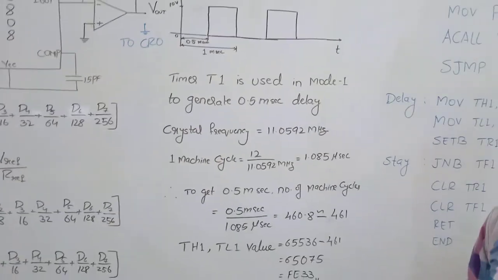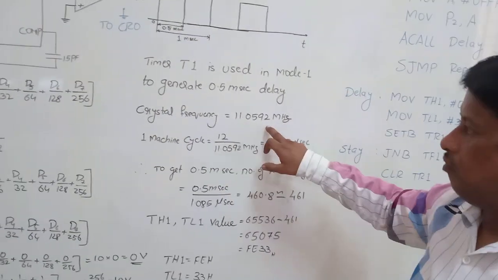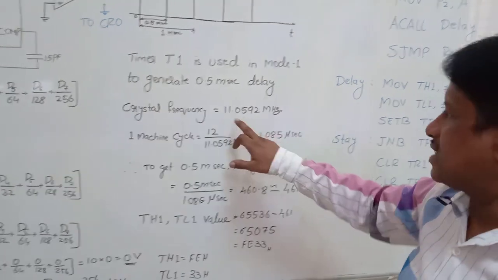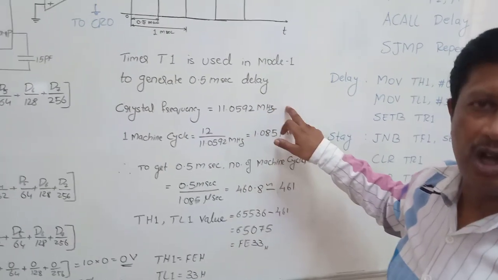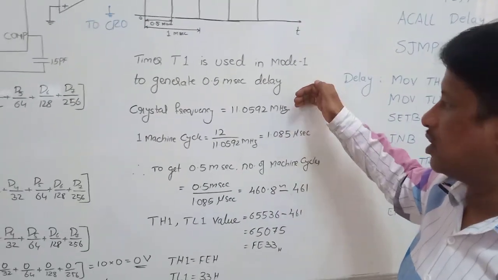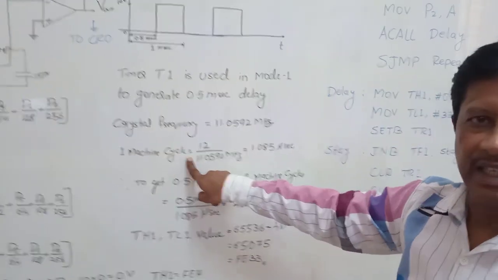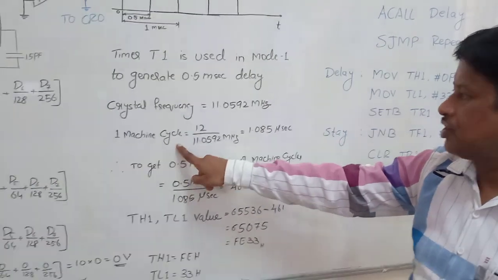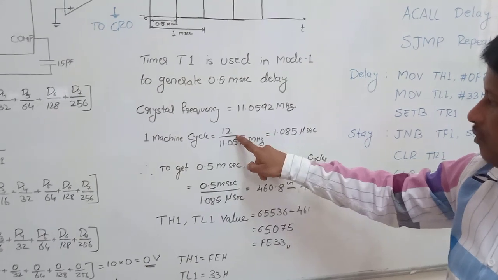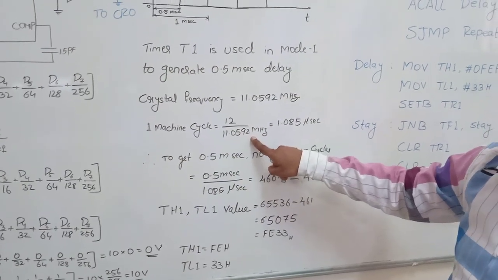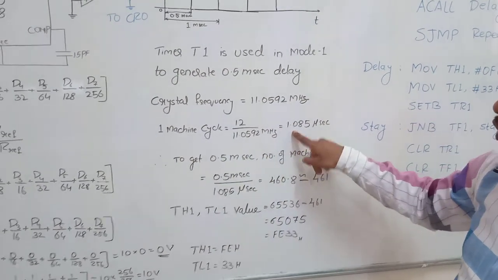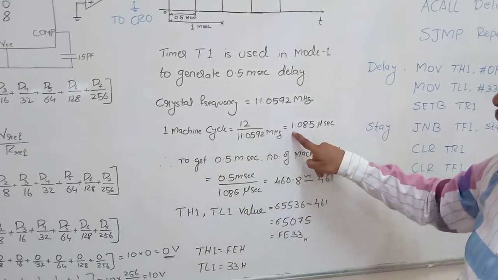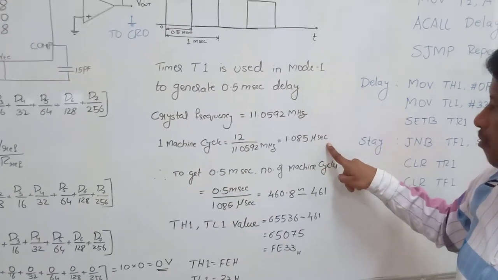Unless it is specified otherwise, we always use this crystal frequency. Once I know the crystal frequency, I can calculate the machine cycle. Machine cycle is given by 12 divided by 11.0592 megahertz.